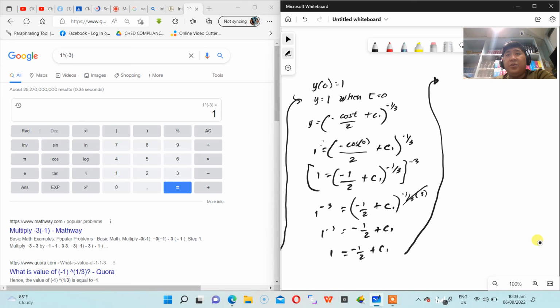So from there, we have 1 equal, wait, it should not be. Wait a minute. Let's check this one.